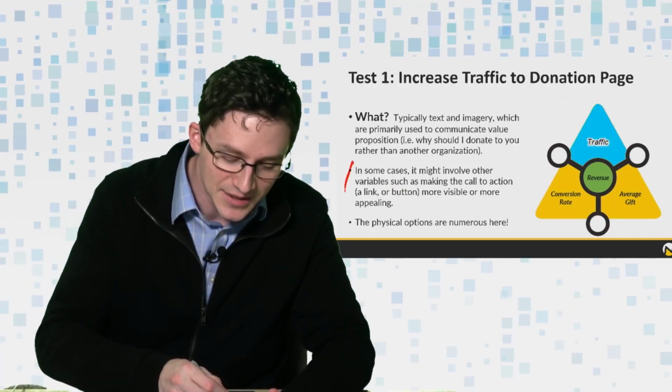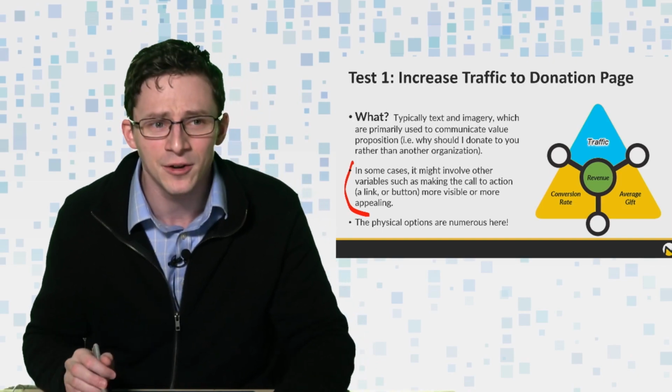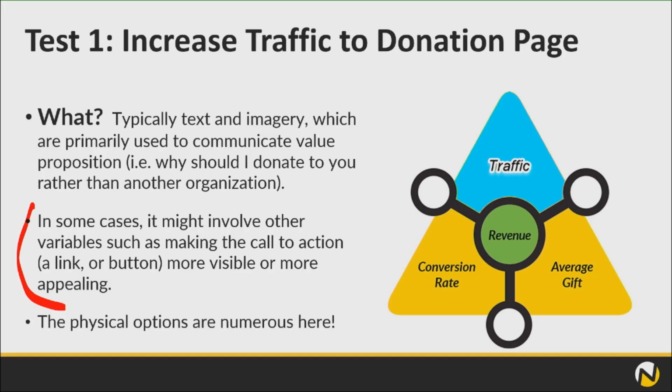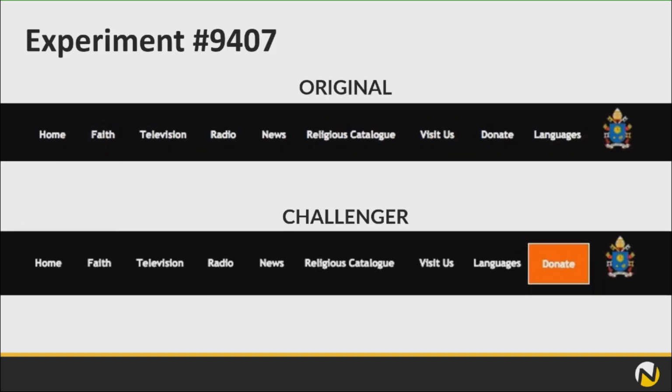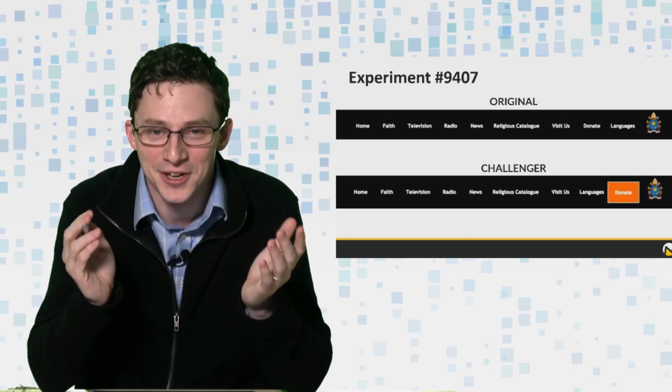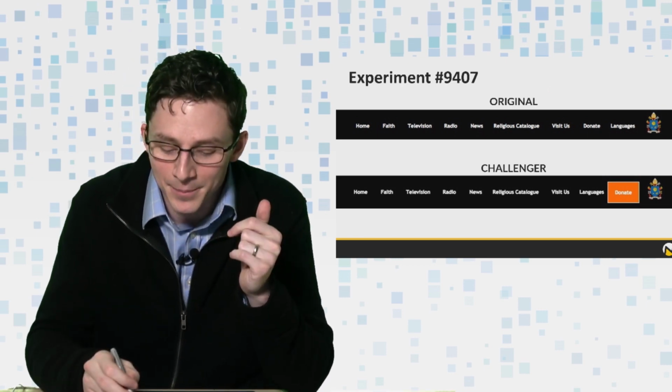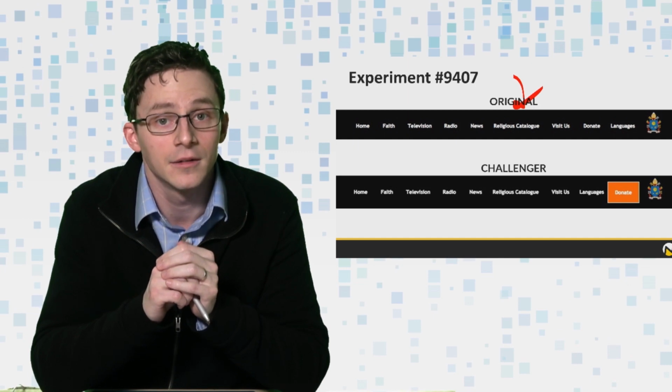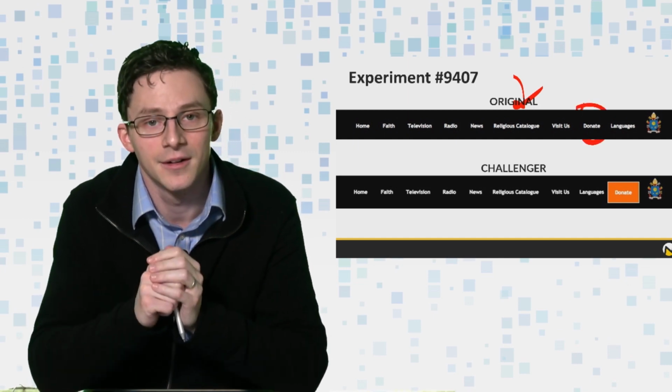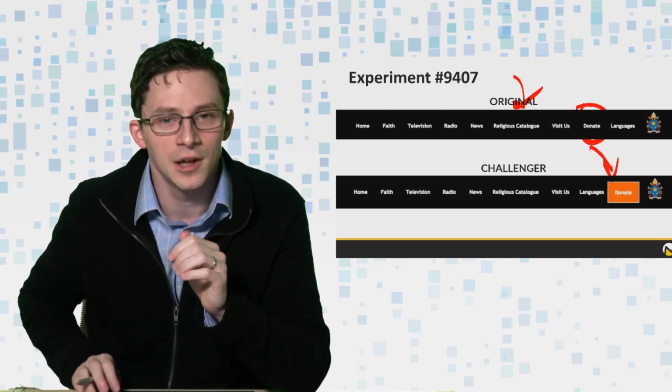So in some cases it just involves changing a link or a button. Like I'm gonna show you 5 examples, okay? Check it out. This is a navigation of a site. Can you see the donate button anywhere on the top? I mean, it's there. It's here, by the way. But all they did is they add a little orange, a little white.